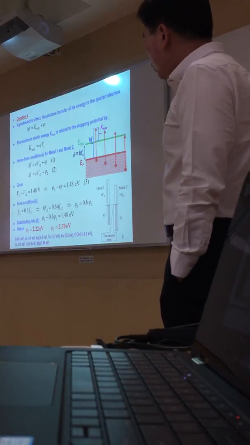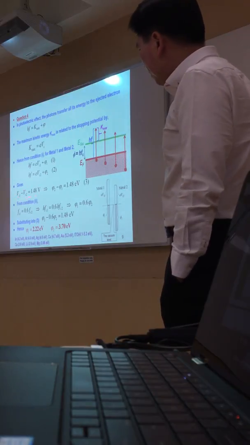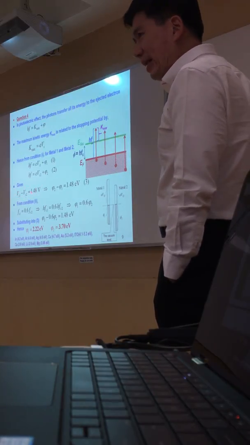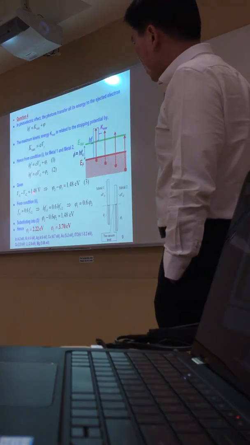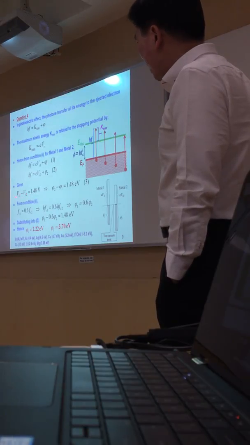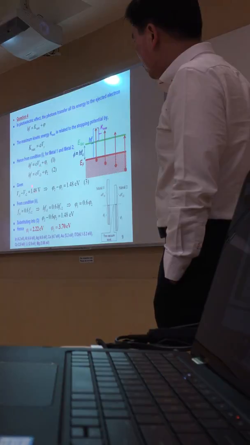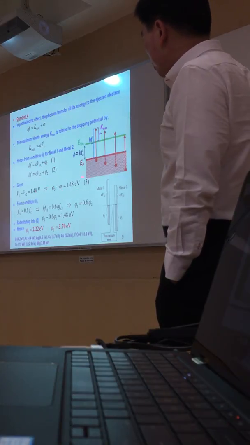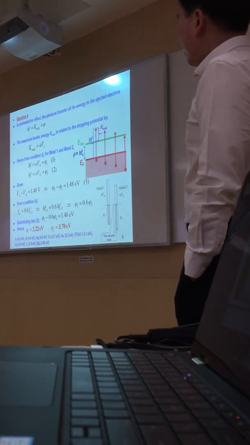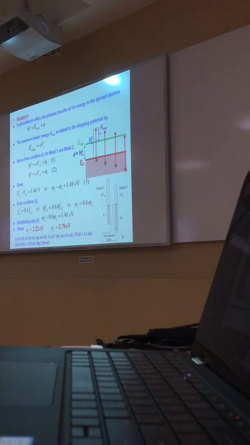Okay, so what we do is that in this equation, let's multiply by e, the electronic charge. So once you multiply by e and then you manipulate with equations 1 and 2, you can obtain a relationship between the work function of metal 2 and metal 1. You obtain phi 2 minus phi 1 is 1.48 electron volt. Okay, I think that one you can try by yourself. Just multiply this equation by e and then manipulate with equations 1 and 2.